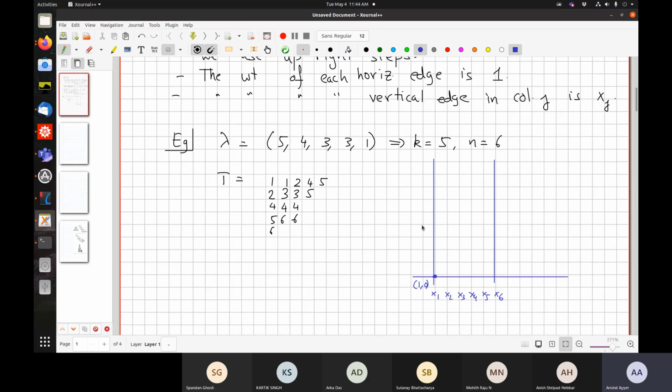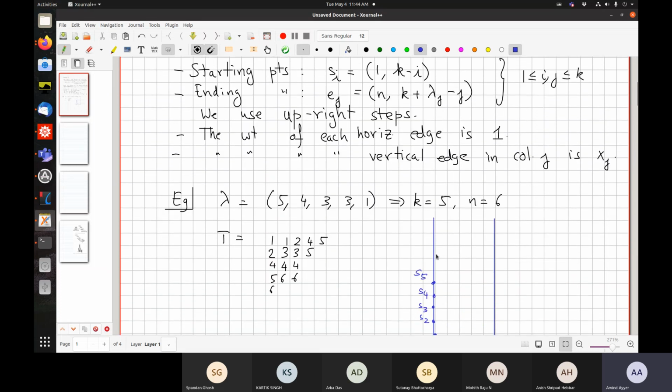So 1, 2, 3, 4, so that's that. So this is S5, and then it continues S4, S3, S2, and this is S1. Okay, so these are my starting points.